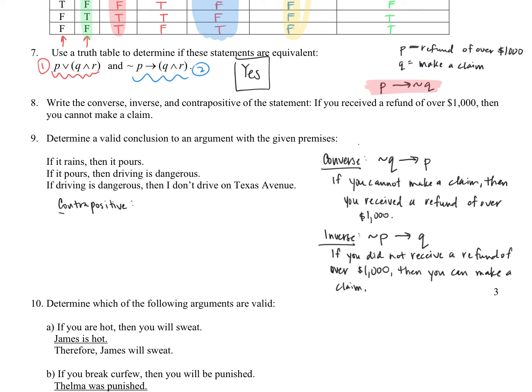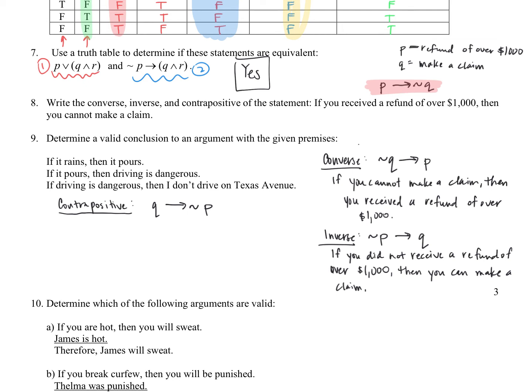Contrapositive. So this is going to change the order. So now we're going to have Q first and P second, but it's also going to change the truth value. So originally we had not Q, so now we're going to have Q. Originally we had P, now we're going to have not P. So again, it changes the order and changes the truth value.